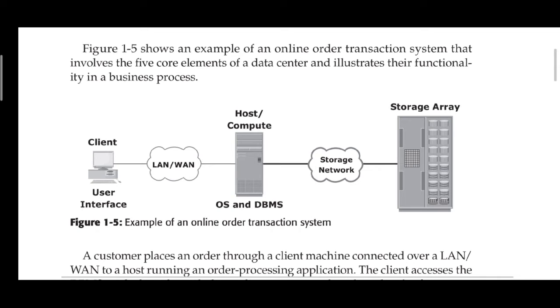Here an example of an online order transaction system is given. A client or user interface is connected to the host computer, which contains the operating system and DBMS, database management system, and that server is connected to a storage array somewhere else. For example, you are purchasing some item online.